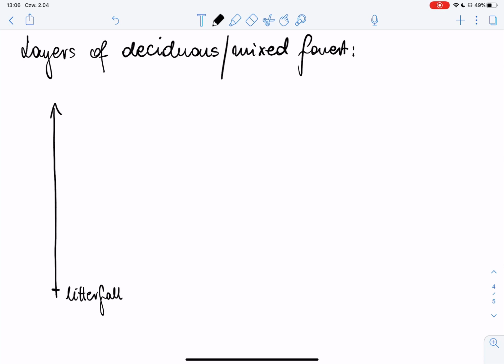The litterfall is basically made of all the branches, all the twigs that have fallen down from the trees. Also, the remains of dead leaves, the remains of dead animals. The next layer is a little bit higher, which is the ground cover.